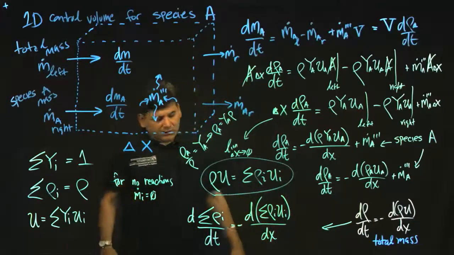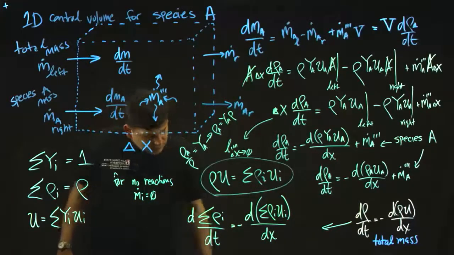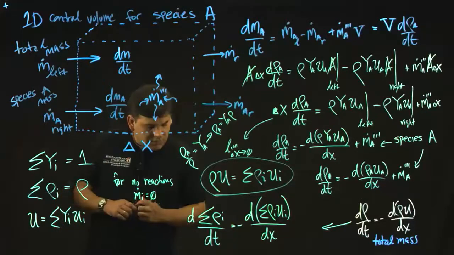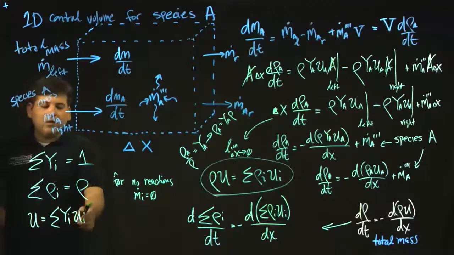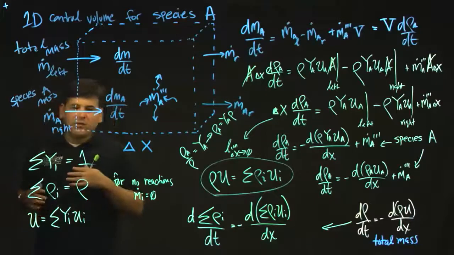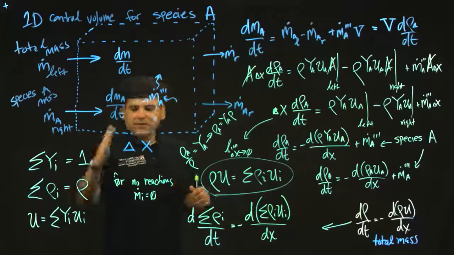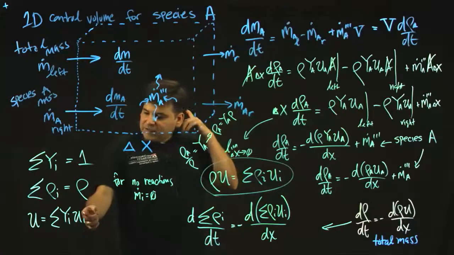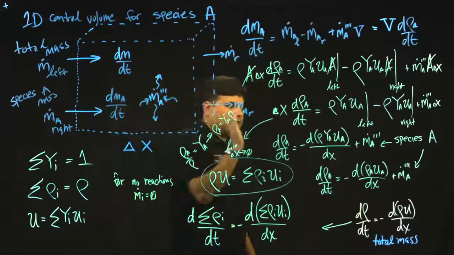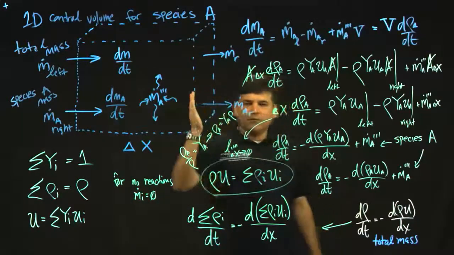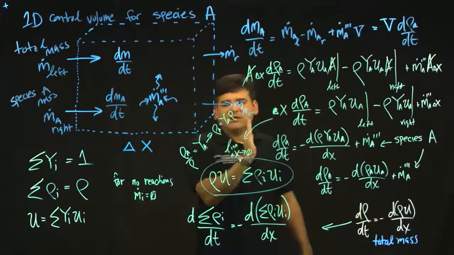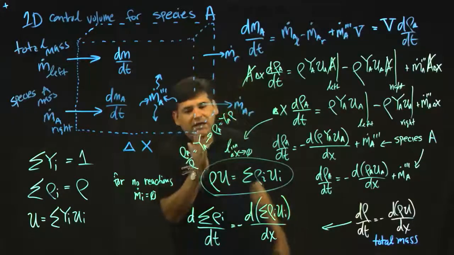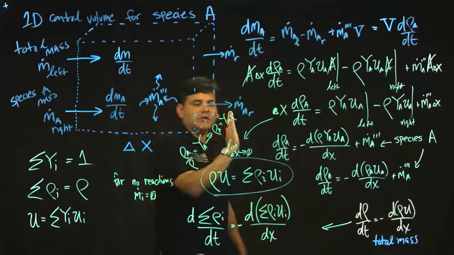So the total mass flow is the weighted average, weighted by mass fraction, of all these individual fluxes. In general, in fact, each of these is different. Why? Because they have different masses, and we know that each individual species in a mixture follows the bulk flow, but it also has its individual component diffusion velocity due to molecular collisions that could even make it go backwards or a little bit ahead.